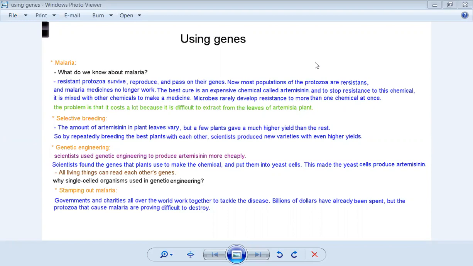So selective breeding, or extracting artemisinin from the Artemisia plants, is expensive and takes more time and money. Most medicines were made the same way, by genetic engineering, because it's easy to make this organism reproduce quickly.